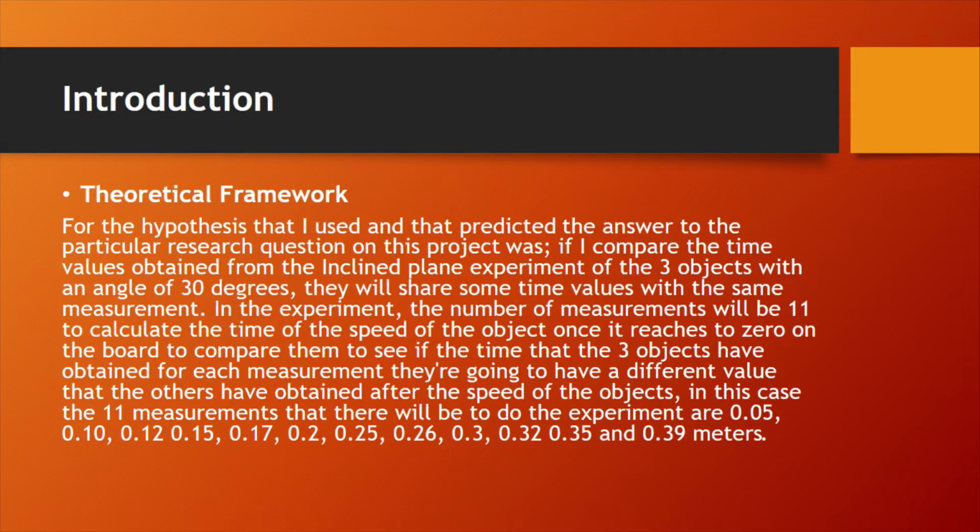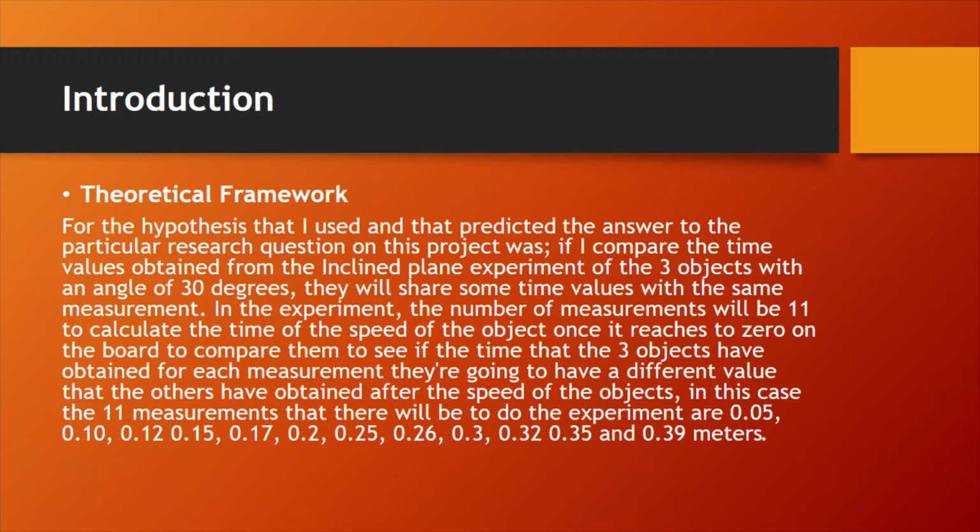The hypothesis that I used, which predicted the answer to the particular research question of this project, was that if I compared the time values obtained from the inclined plane experiment of the three objects with an angle of 30 degrees, they will share some time values with the same measurement.